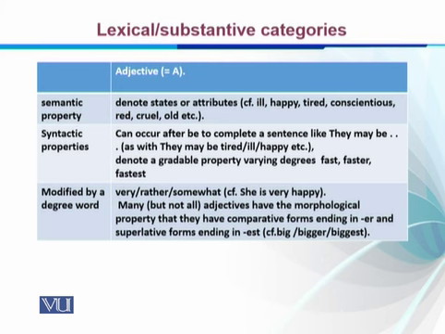So far as their syntactic property is concerned, they can occur after to be to complete a sentence, like they may be tired or they may be ill. An adjective denotes a gradable property of varying degree, like fast, faster, and can be modified by a degree word like very, rather, somewhat. She is happy and she is very happy. So happy is modified by a degree adverb.